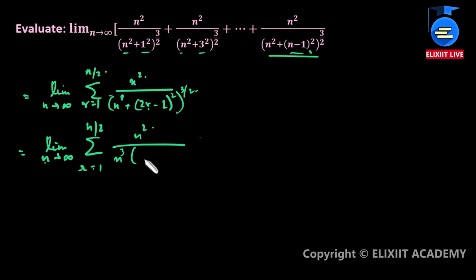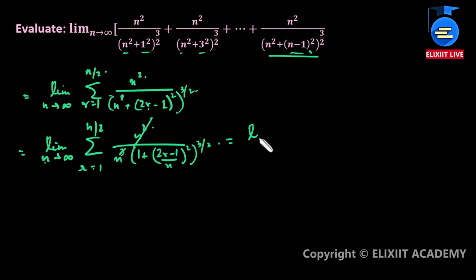So over here we have 1 plus 2r minus 1. This was n square, so we have n square upon 2r minus 1 upon n whole square, whole to the power 3 by 2. So now one of the powers gets cancelled. 1 by n already comes out.